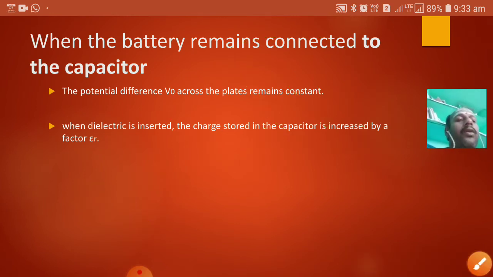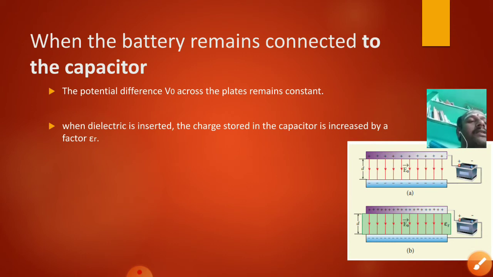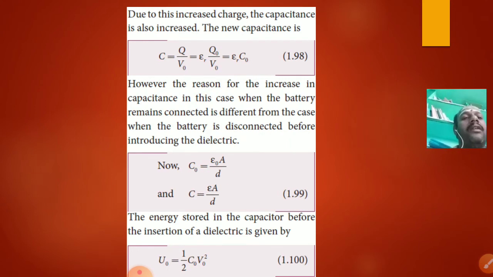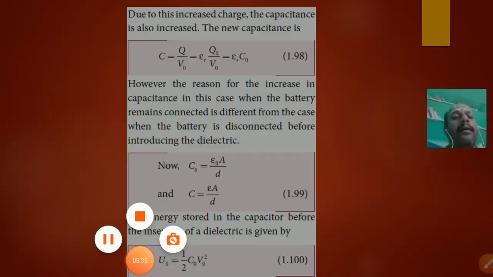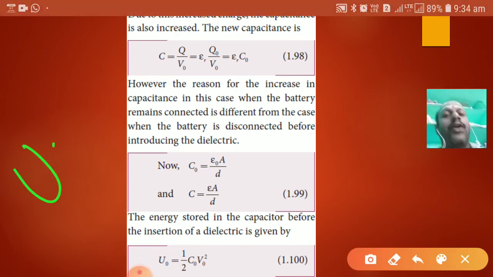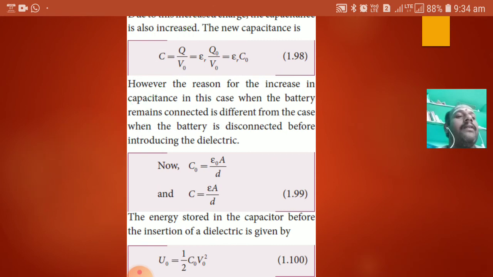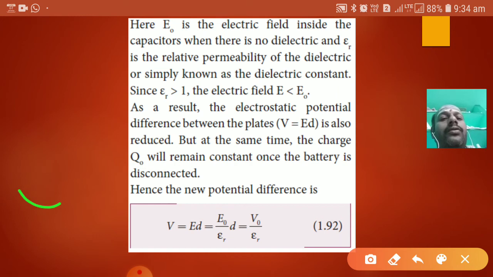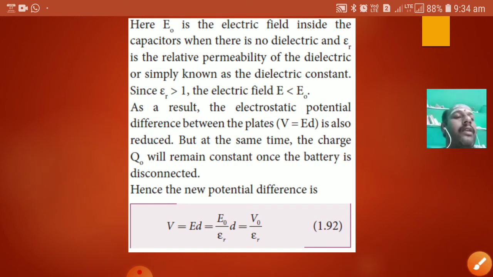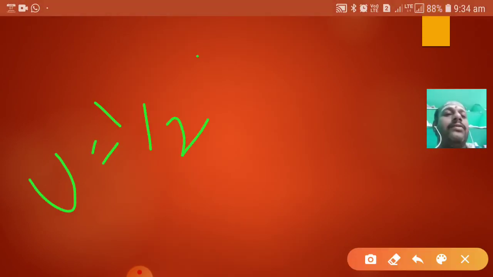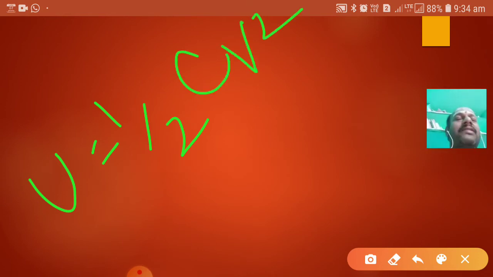Now look here. C will be equal to epsilon R into C naught, and C naught is equal to epsilon naught A by D. Now I am going to use the new formula, U is equal to 1 by 2 C V square.